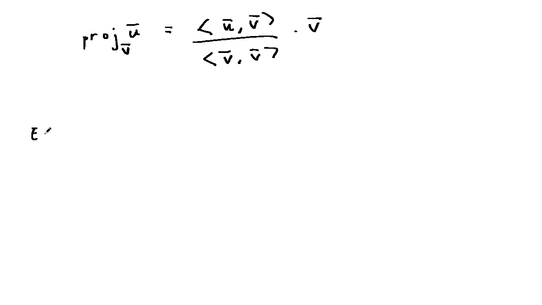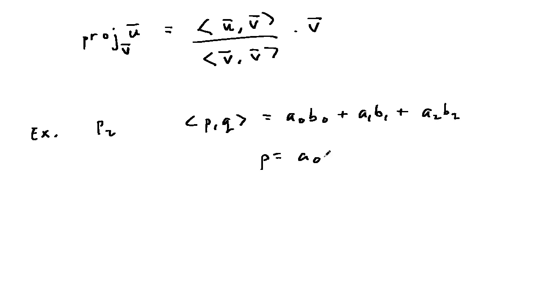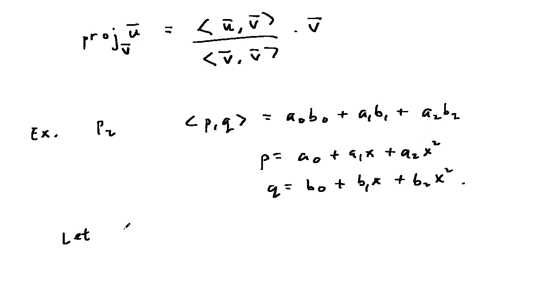Let's do an example. Consider P2 with the inner product given by this, where P is this polynomial, and Q is the polynomial with the coefficients corresponding to B. Let P be this particular polynomial, and let Q be this particular polynomial.